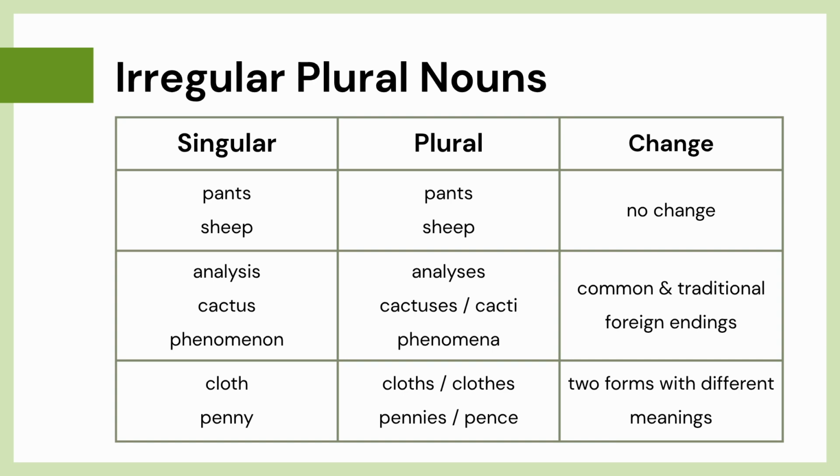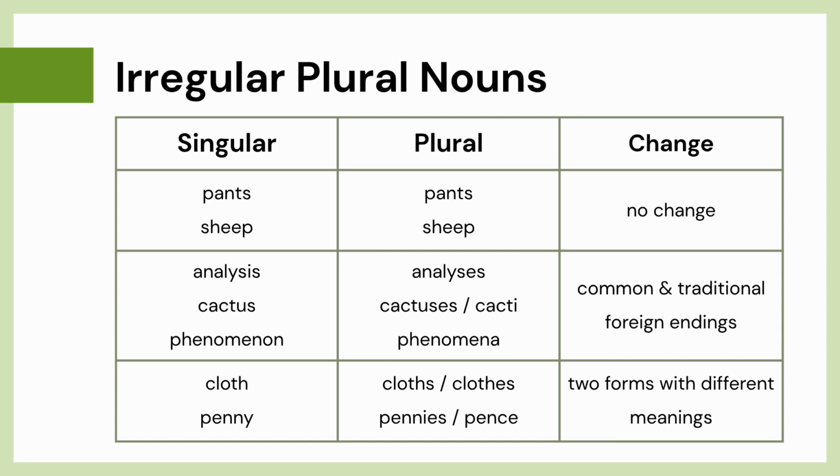The word cactus has a traditional plural noun, which is cacti, and the common or the modern noun that we have today is cactuses. We also have foreign ending patterns or word endings that came from another language, typically Latin or Greek.